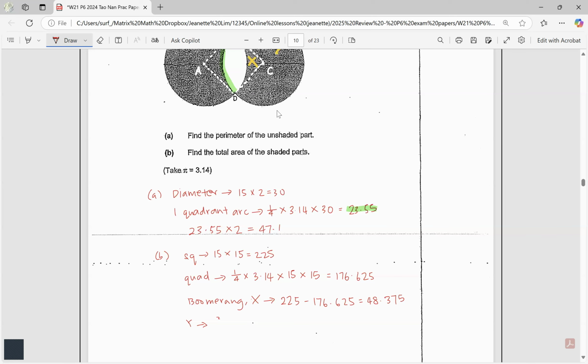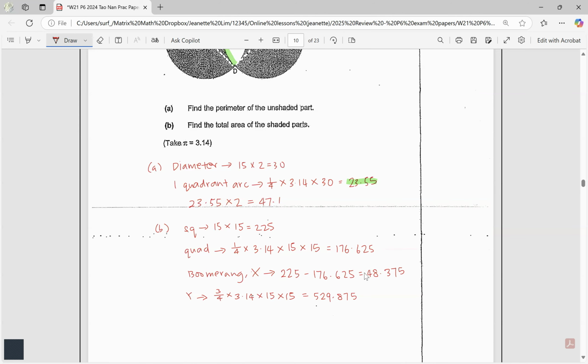So to find Y, I use 3/4 times pi times radius times radius. Alternatively, you can take your quadrant times 3. You get the same answer, which is 529.875.